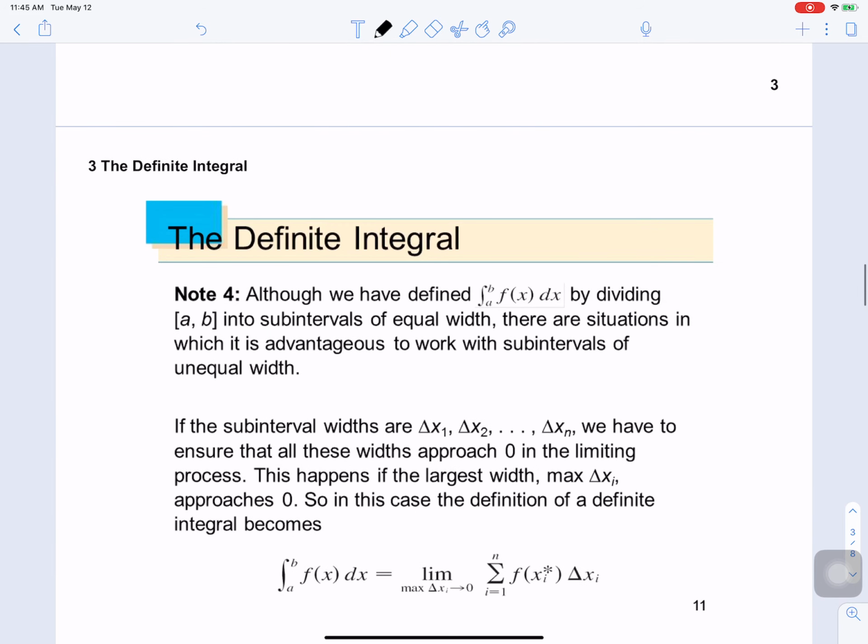Now, again, we've talked about dividing this interval into equal width, but we don't always have to have equal width. There are times where we will have unequal width, okay? And again, if we have our intervals being different widths long, we take the largest width, the maximum of it, and we approach 0 with that maximum, okay?